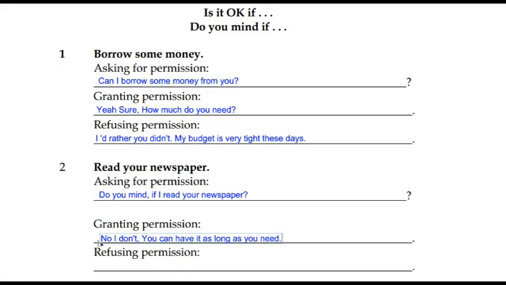You can have it as long as you need. And if we have to refuse permission, you are going to say, yes, I do mind. I have to read it myself first. Okay. So I cannot allow you to have my newspaper.